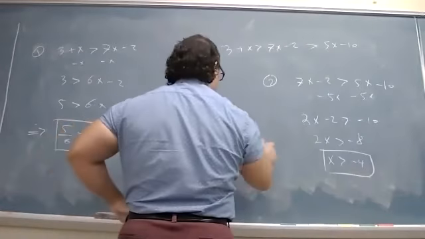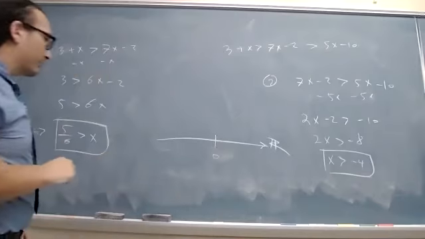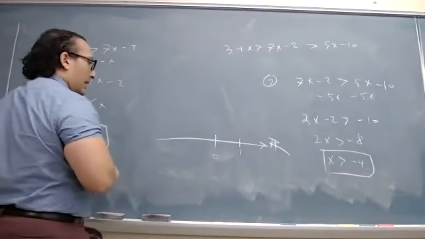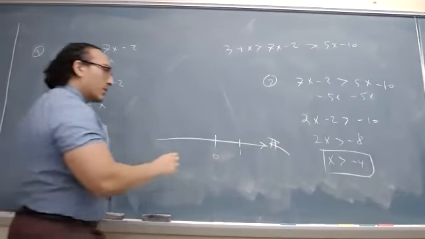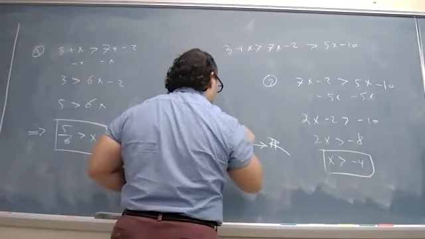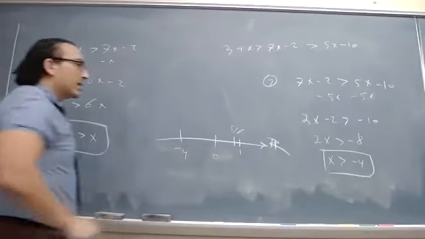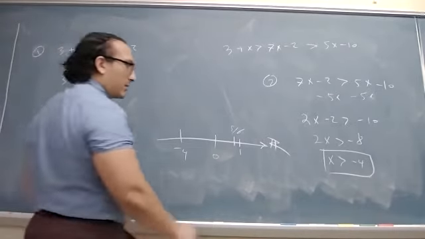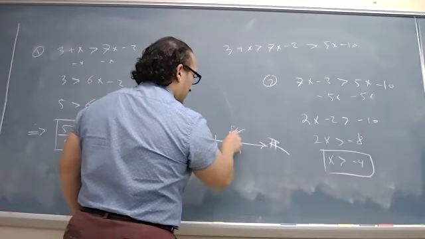So now we combine these two pieces of information in one graph. Where's our 1? Here's our 1. And our 5 over 6 is slightly less than 1, so this is where our 5 over 6 is. Where's our negative 4? Our negative 4 is right here. Now let's think about these relationships. This is saying x is less than 5 over 6, so I put a parenthesis because it doesn't include it.